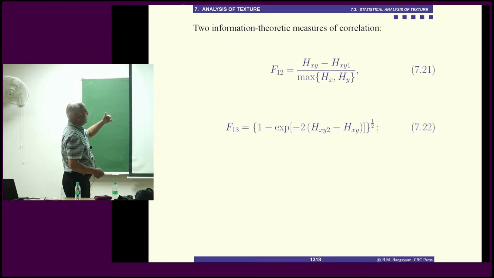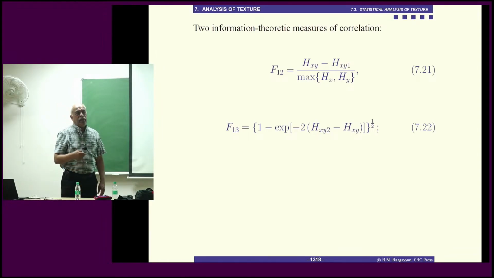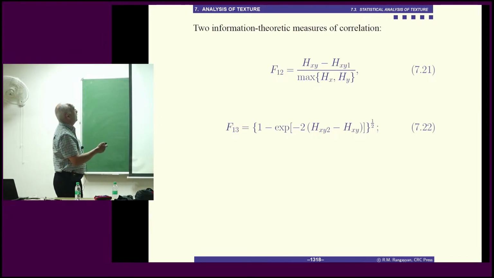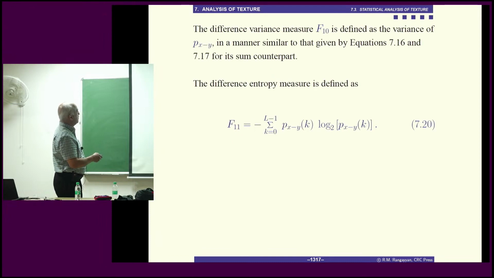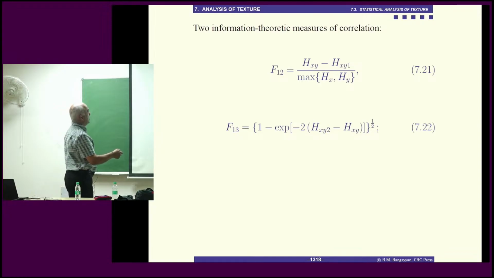These measures are a bit hard to interpret. For 12, 13, 14, I didn't find any explanation or physical interpretation of these in the original paper or anywhere else. The previous measures, no, they're not here. They'll come later. There are entropies HX, HY, HXY, and HXY1, and the max of HX, HY.